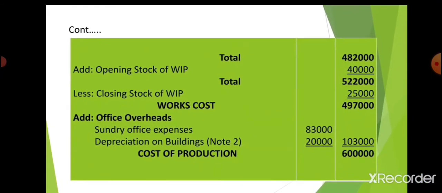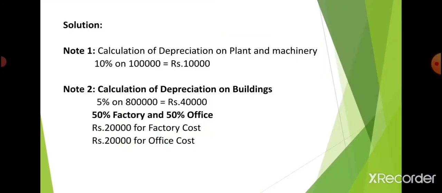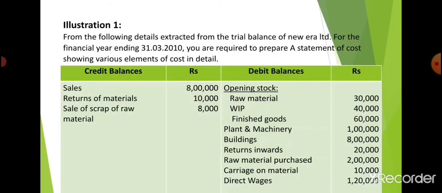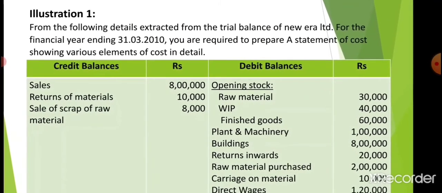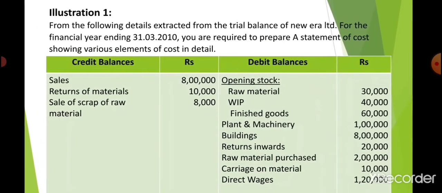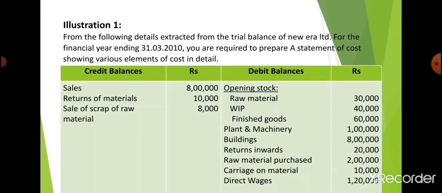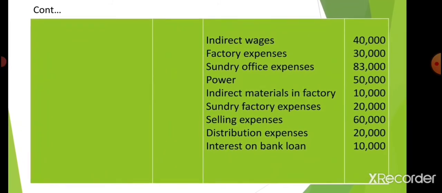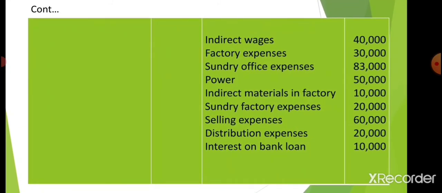So what are the office overheads given in this problem? Let us see. Okay, so in this slide we have no office overheads. So indirect wages, factory expense, factory overhead, sundry office expense 83,000, it is an administrative overhead or office overheads.